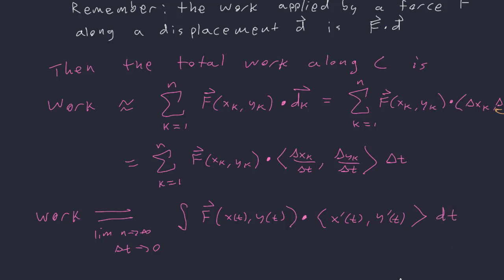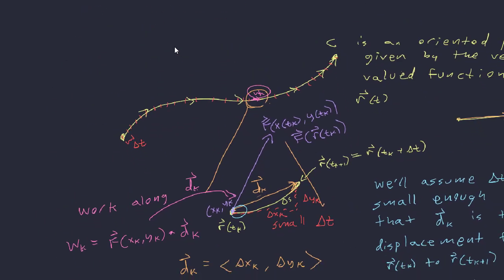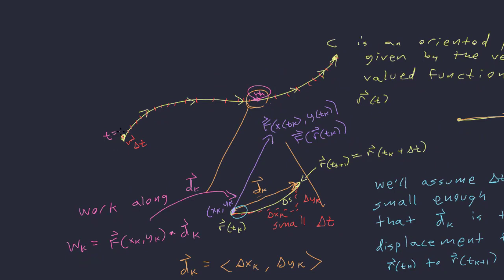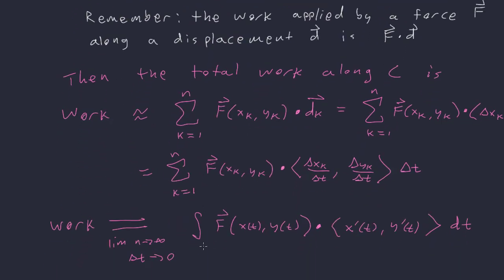Okay, and I never said what my starting t was, but let's say t starts from a and goes to t equals b. So the integral is going to be over the entire t going from a to b.